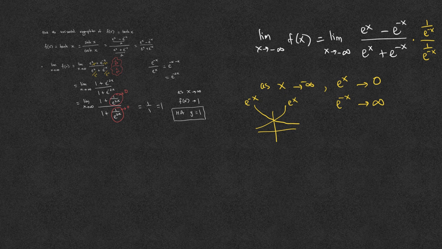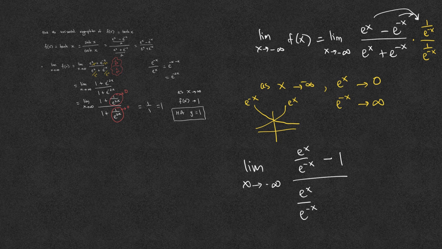And so we end up with the limit as x goes to negative infinity of e to the x times 1 over e to the negative x, which is e to the x over e to the negative x, minus e to the negative x times 1 over e to the negative x, which is 1. Similarly, in the denominator, we have e to the x over e to the minus x and then plus 1.